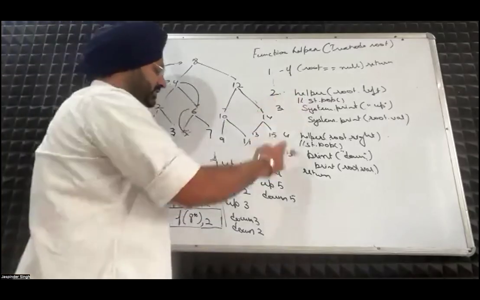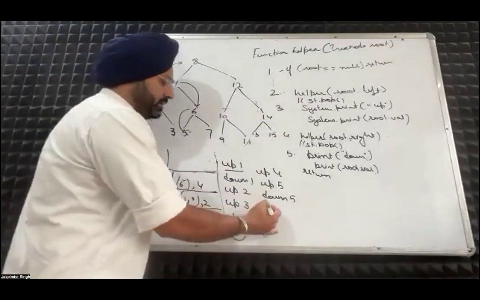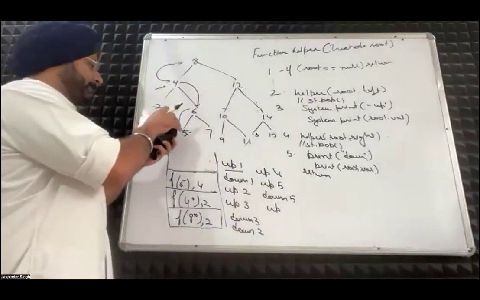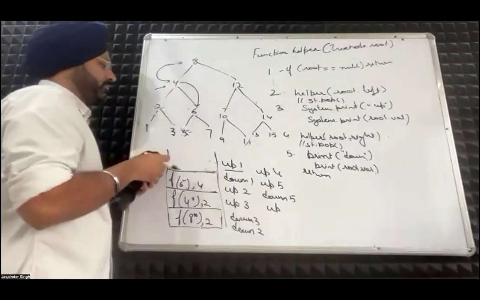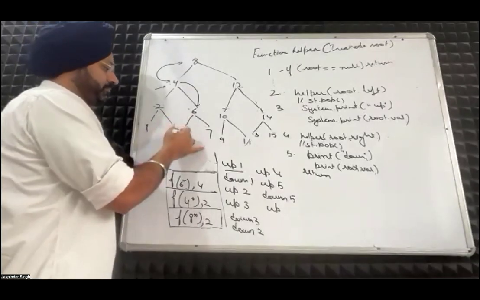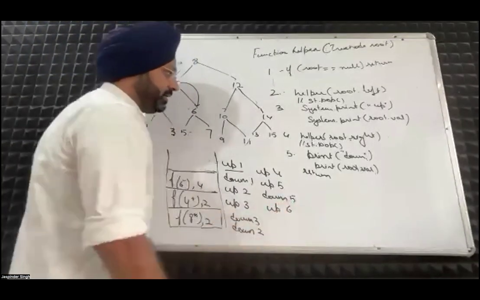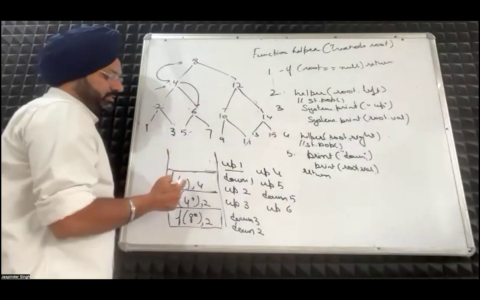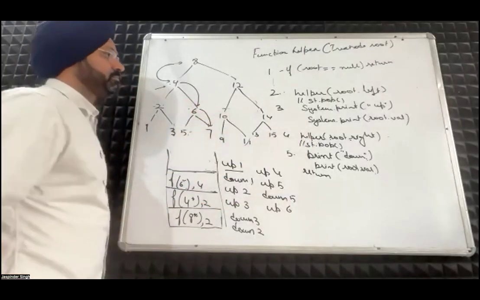We return to the same place. Stack.pop has happened. What will be printed? Up 6. Up 6 gets printed. Then root.right. Current root is 6, 6's right.